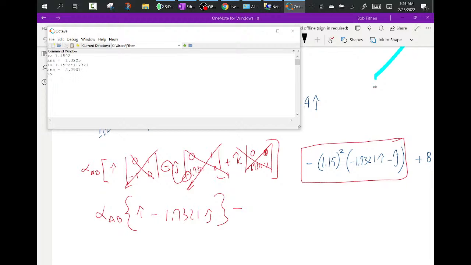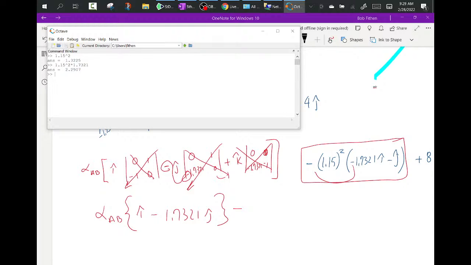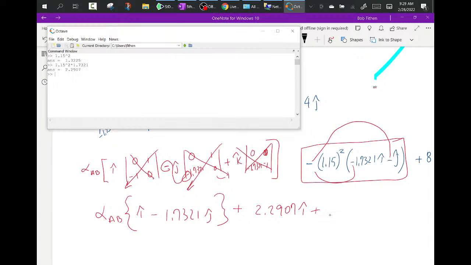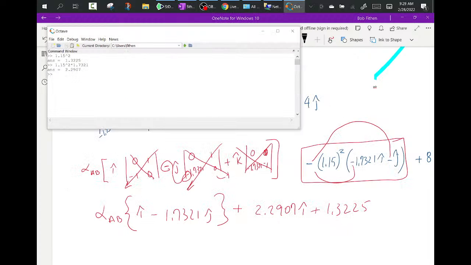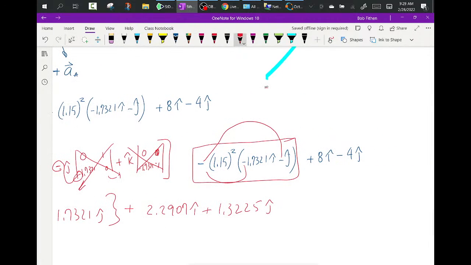So what I get out of here is, okay, a minus gives me a plus. That'll be 2.2907 I, and that's going to be a plus. Oh, and a minus becomes a plus. Okay. And that's going to be that, oh, yeah, that's going to be 1.3225, and that's a J. And then carry this along for the ride.